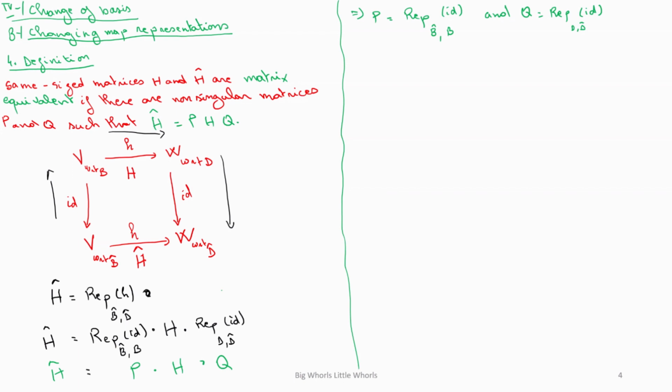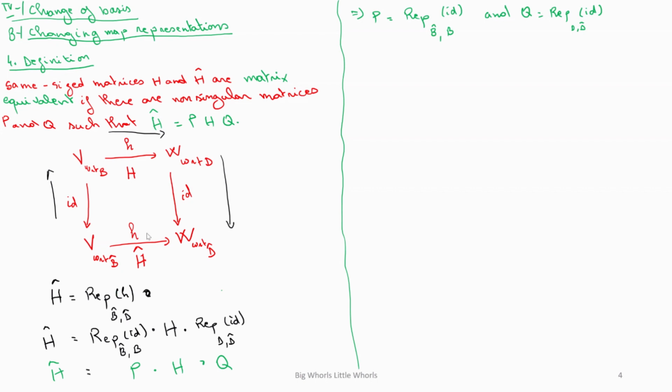So this is just the definition of what we started saying in the previous video. In the previous video, we have seen how to find H hat, and in this video, when we have H and H hat, two matrices representing the same map but with respect to different pairs of bases, then those two matrices are known as being matrix equivalent.